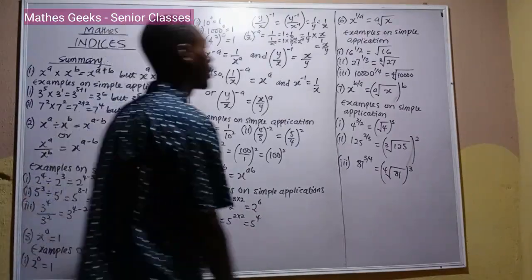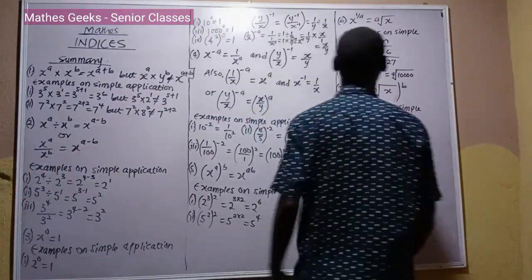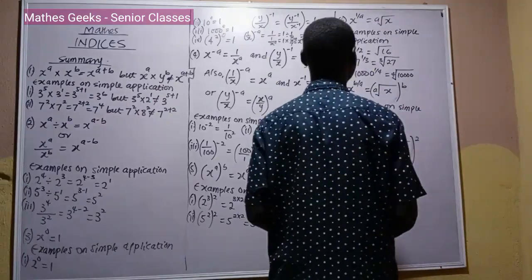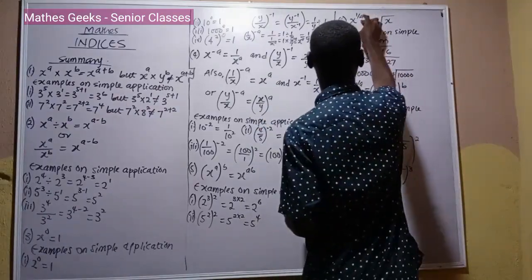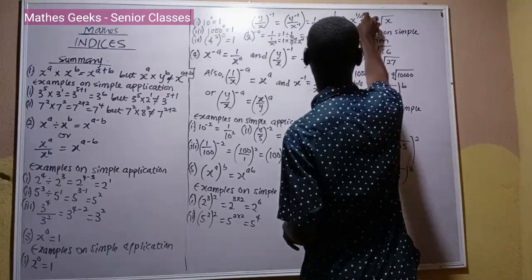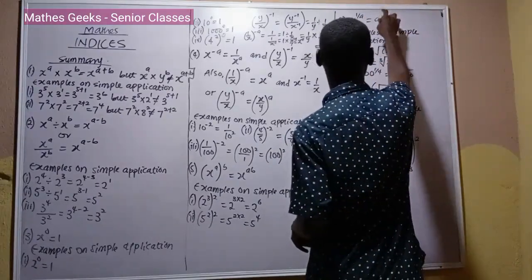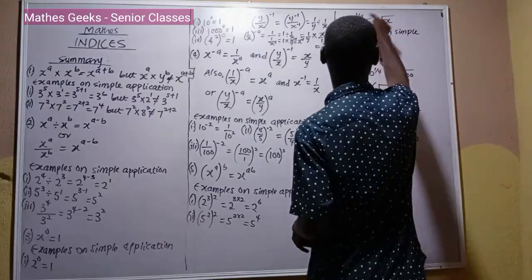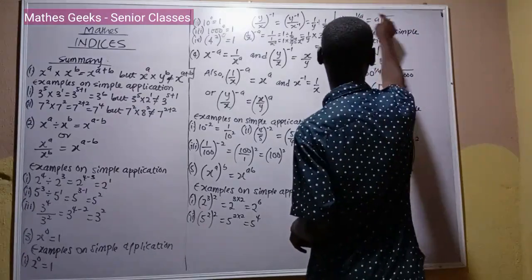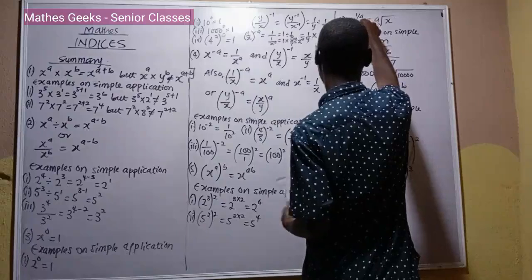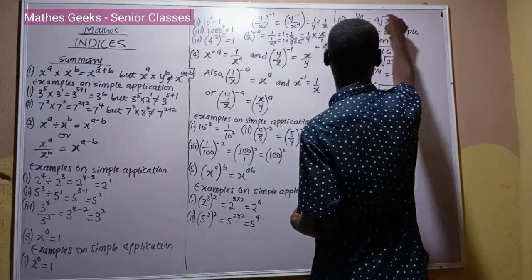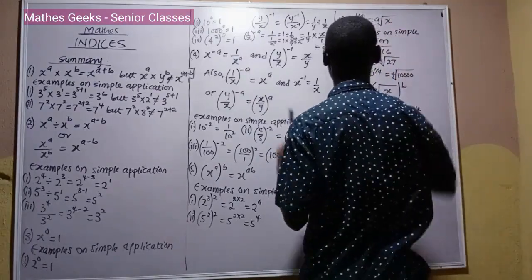And then the sixth law: x raised to 1 over a is equal to the a-th root of x. So the denominator of the fractional power will form the root. Whatever this value is, that will be the root of x. So if it is 1 over 2, it's going to be root x, the second root, but we don't write 2.